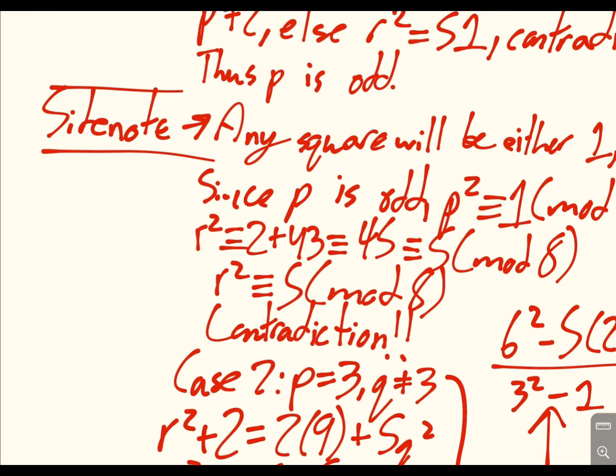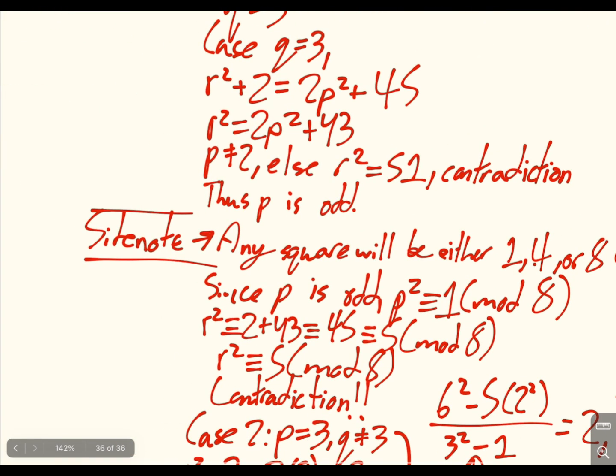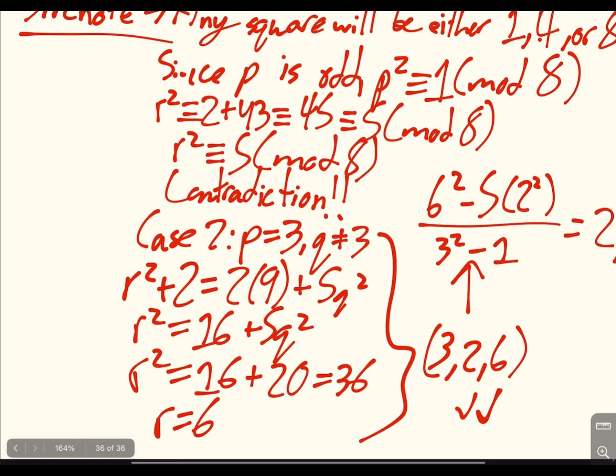So this is not going to work. So if q is equal to 3 and p is any odd number or even number, it's going to be a contradiction. The only case that works is if p is equal to 3 and q is not equal to 3, which gives us this.